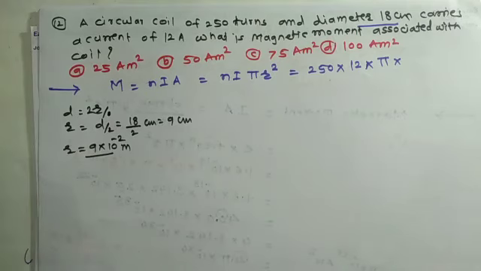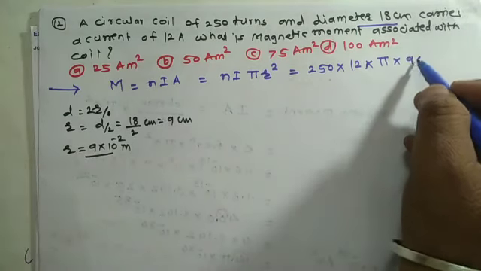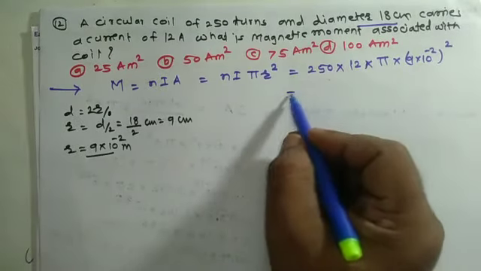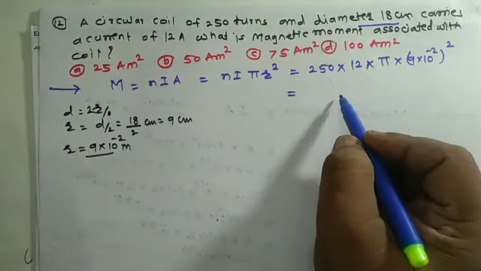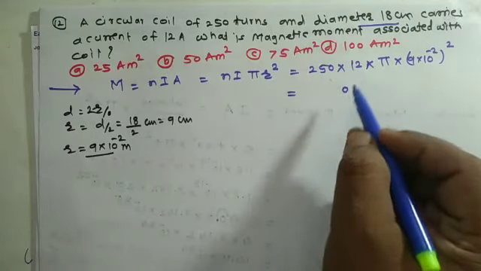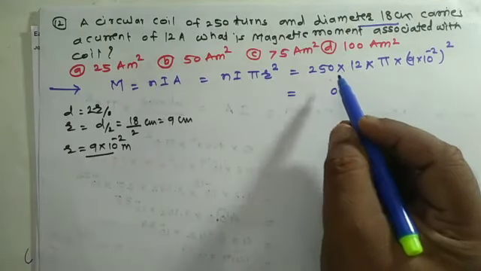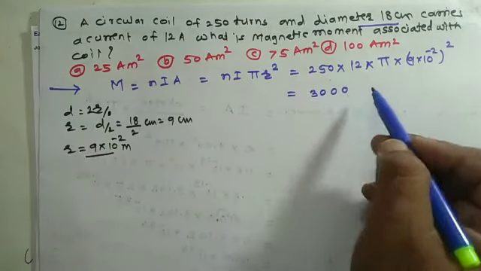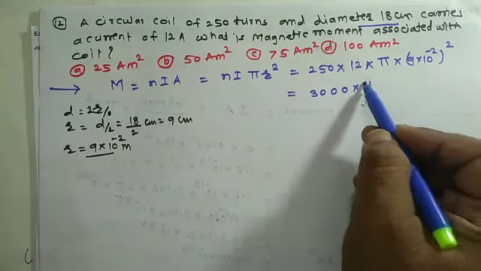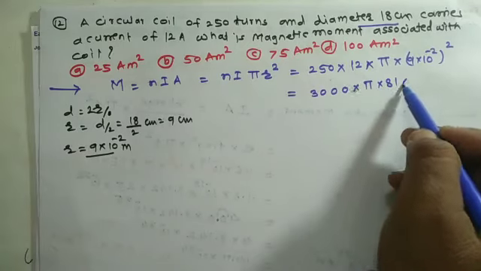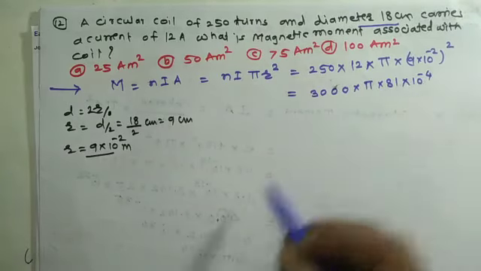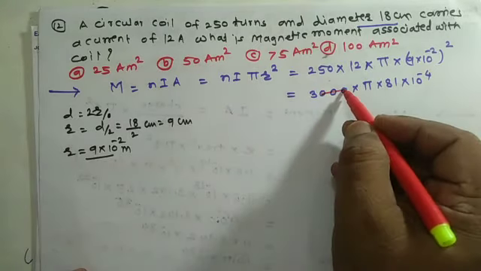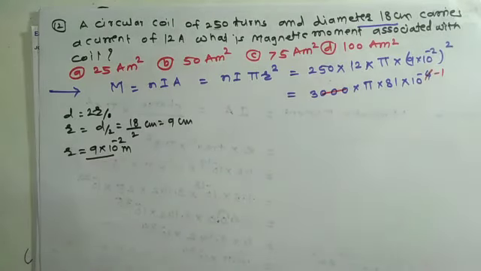So here we can substitute 9 into 10 raised to minus 2, bracket square. First of all, we can multiply. 25 into 2 is 50, 5 is there, 25 into 1, 25 plus 5, that is 300, 3000 pi multiplied by 81 into 10 to the power minus 4. So first of all, we can cancel the 3 zeros here, minus 1 is given.